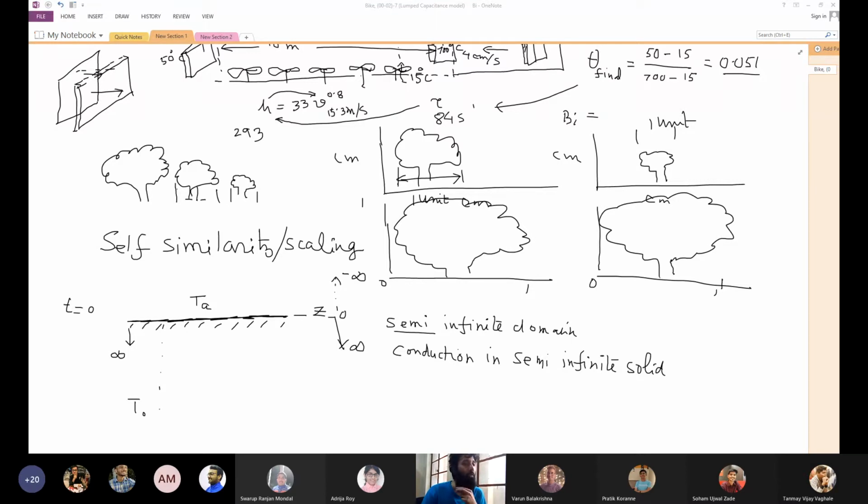Snehbandhu, you could correct it, do you have your plot ready now? Temperature is a function of space and time.